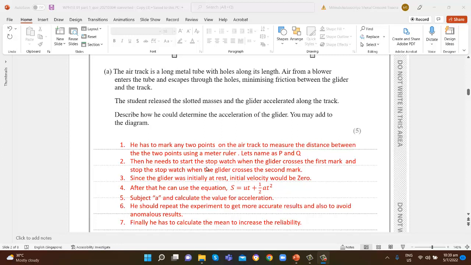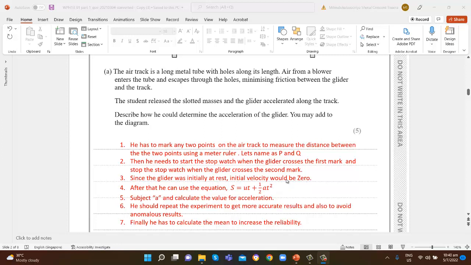Then he needs to start the stopwatch when the glider crosses the first mark and stop the stopwatch when the glider crosses the second mark. Why? You want to find the time taken. Since the glider was initially at rest, initial velocity would be 0. Why are you mentioning this?